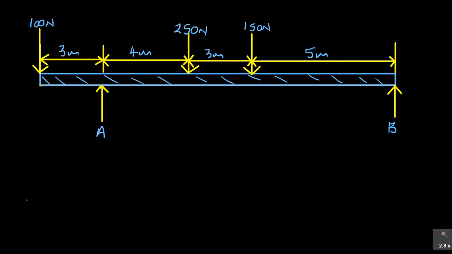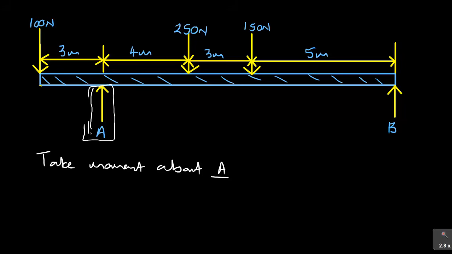When you're doing your calculations, take moments about each support. Let's start with moments about A. If you say take moments about A, you are saying A is my line of action and everything is resting on A. How are these forces going to behave?